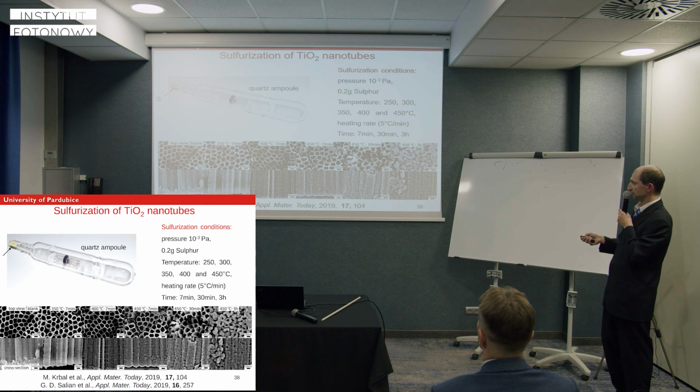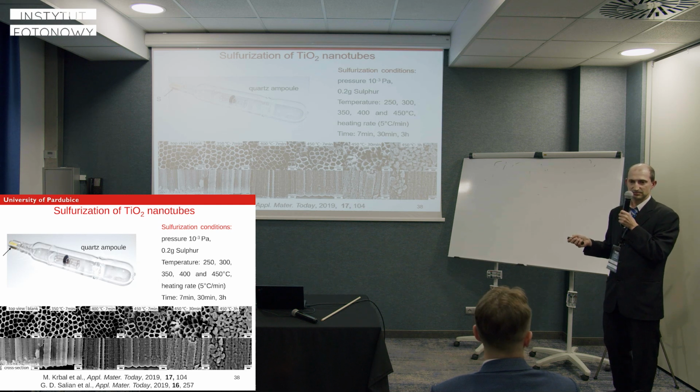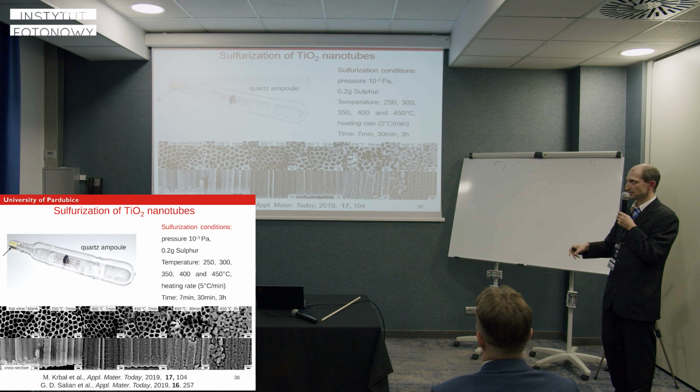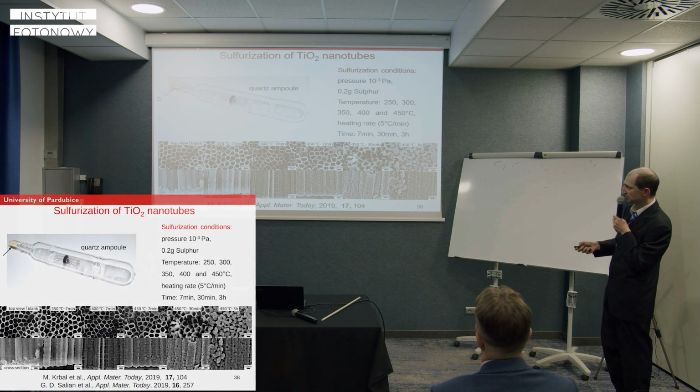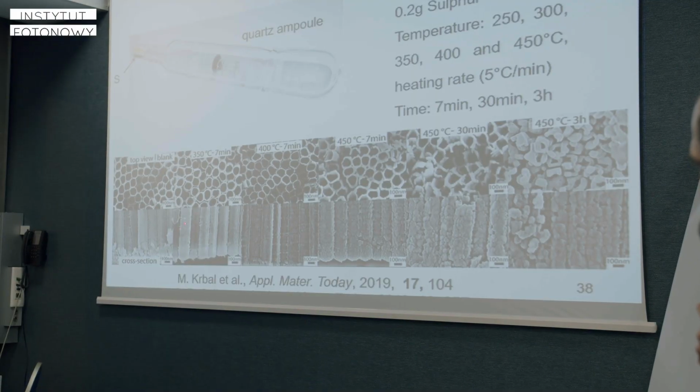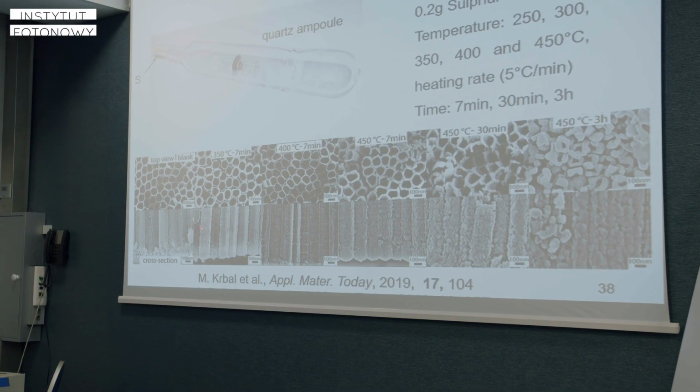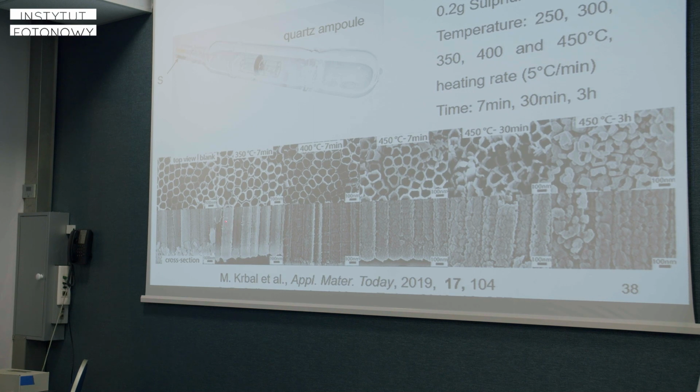We use SEM pictures. Here we can see that until 350, we don't see anything on the top and on the cross-section on the walls. But from 350, you can see here, maybe you don't see a little bit, small crystals, rather large crystals, but there are some.